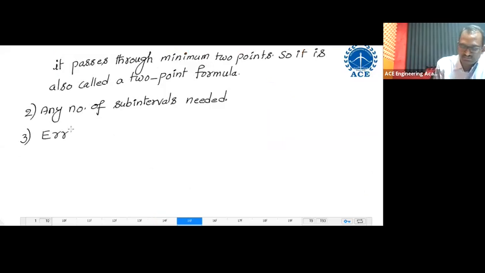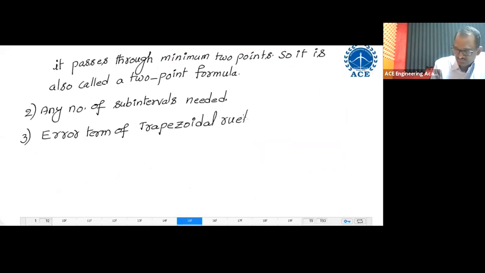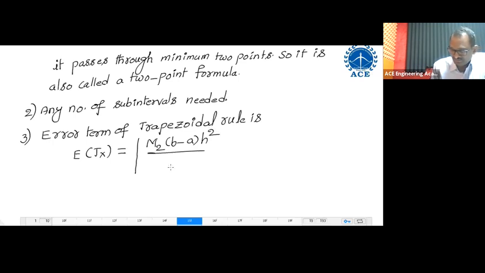So what is that error value? Error term of the trapezoidal rule is M2 into (B minus A) into H square by 12.